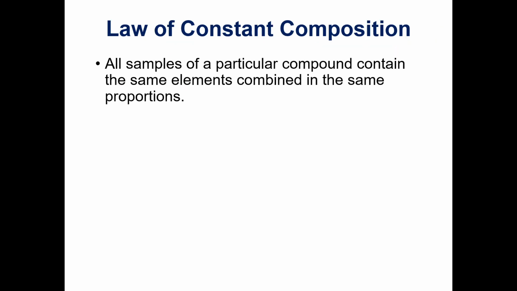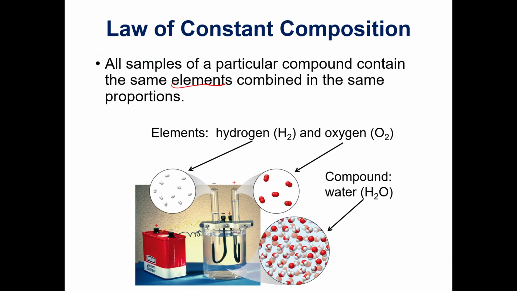So when we have a particular compound, we have the law of constant composition. All samples of a particular compound have the same elements combined in the same proportions. So for example, something like water will always have 2 hydrogens for every 1 oxygen.